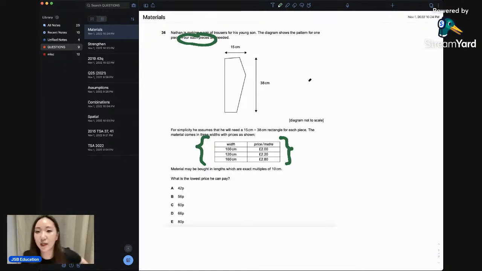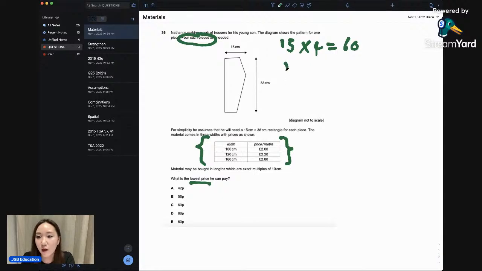The way to do that is to think about the fact that they're always asking for the lowest price. In this case, we've got 50 by 38 centimeters and we need 4 of them. You could cut 15 times 4 and have 60 be the long length and 38 the shorter length.